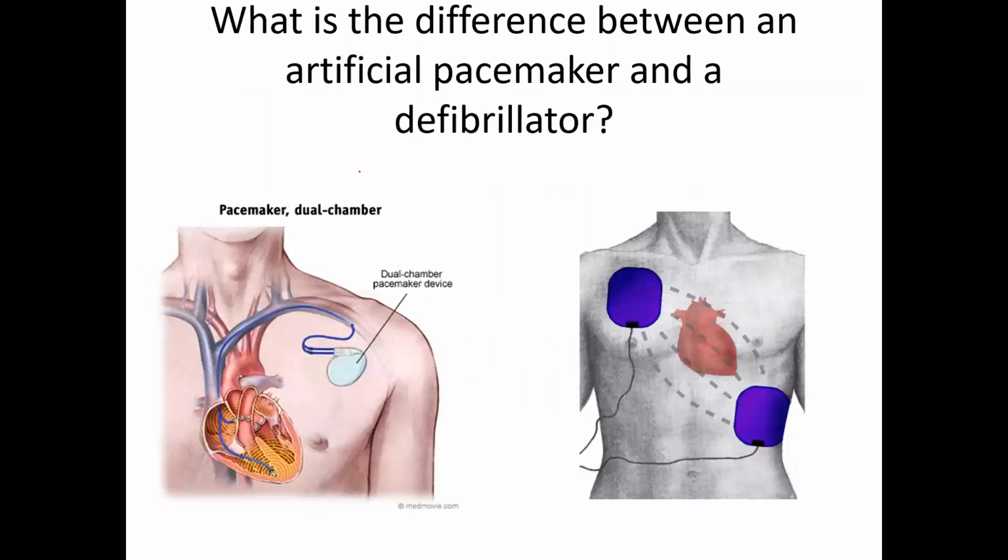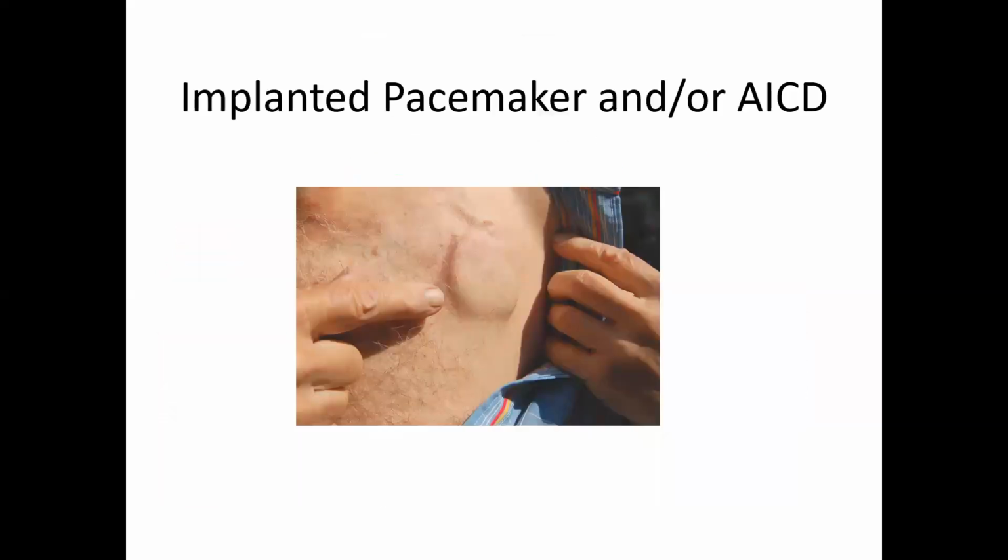So now we're going to look at EKGs that show pacemaker spikes. It's basically an artifact really, but it's there for a reason. So that is an automated implantable cardioversion device or pacemaker device.